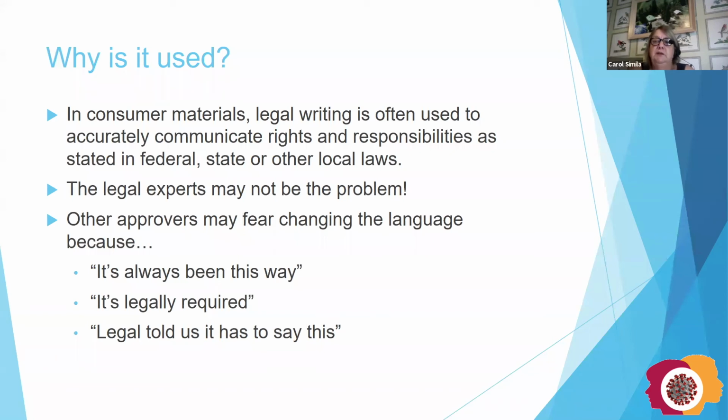Or is that just sort of fogging the problem? Because I've sometimes gone to the legal department and said, no, wait a minute. Are you saying you don't want people on this plan to understand what their legal rights really are? No, that's not what the legal experts want. They want them to understand their rights. So they just may not understand why plain language is important. And if that's the case, then you need to convey it.